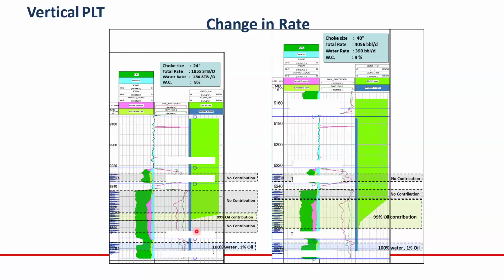So as you see here, this part is producing all the oil, maybe from another fracture. But if we increase the rate, the other intervals gradually start producing. So if the rate changed, we may have increased the zones which contributed to the production.